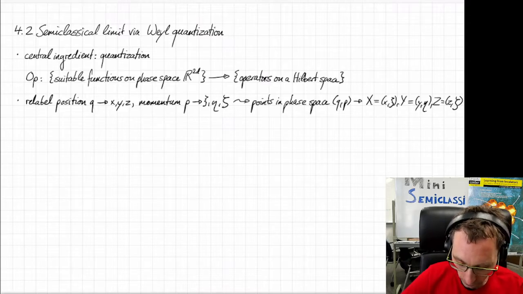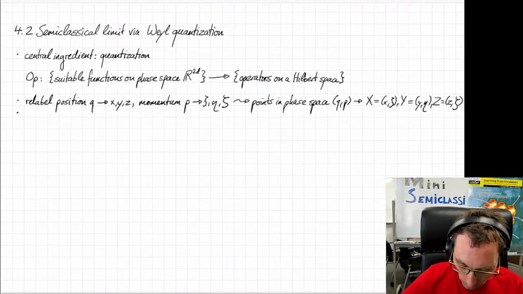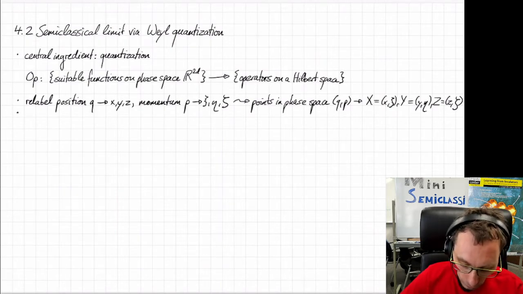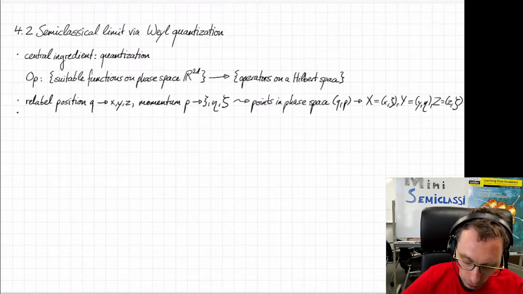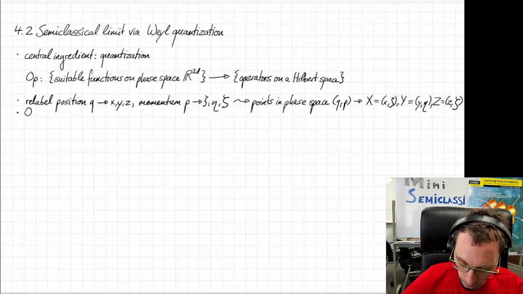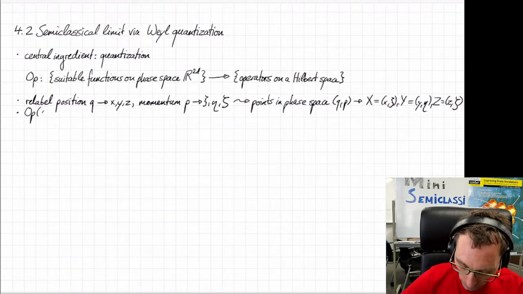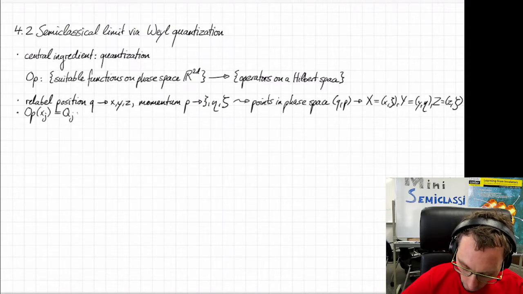Now this quantization map is, of course, unambiguous when it comes to position and momentum. For example, in position representation, using microscopic units, the quantization of x_j is q_j, the position operator, which here is epsilon x_j hat.